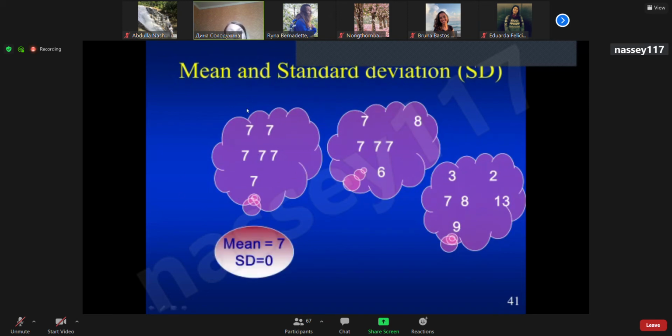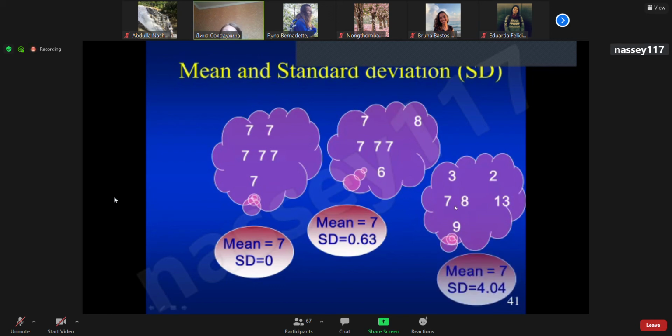And you see, because all parameters are equal, standard deviation is 0, which means that variation is extremely low, or you can say there is no variation, all are the same. In the second example, sample number 2, the mean is also equal to 7, but standard deviation is equal to 0.63. And you see, it is obvious because there are some parameters different from the mean.